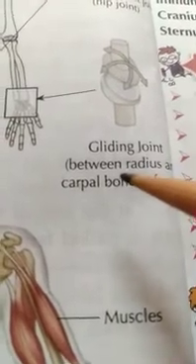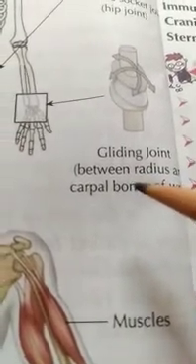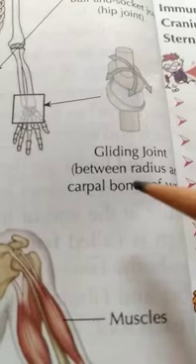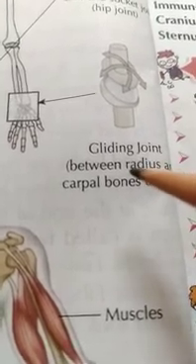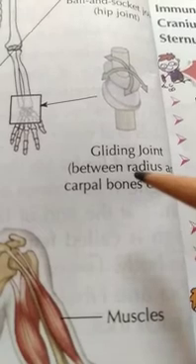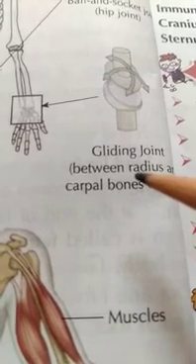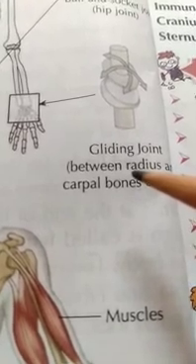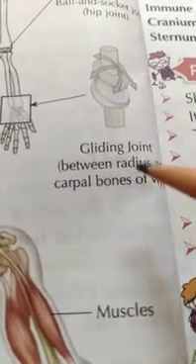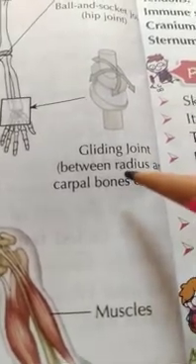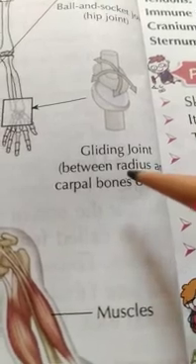Next, we are coming to the gliding joint. This joint allows the gliding movement over two flat bones. These joints are found in the wrist, ankles, and also between two vertebrae of the spine.